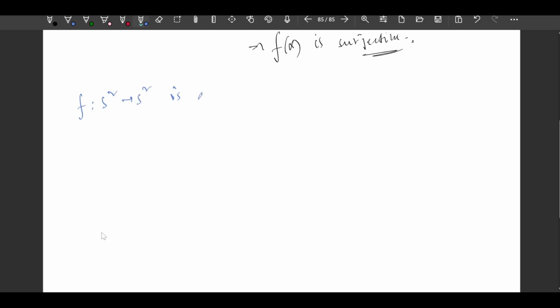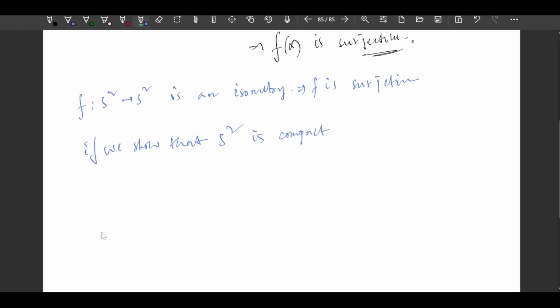S2 is an isometry. Okay, then we have to show this implies f is surjective. Okay, now if we show that S2, ये जो स्पीयर है, unit sphere in R3, is compact, then we are done, right?